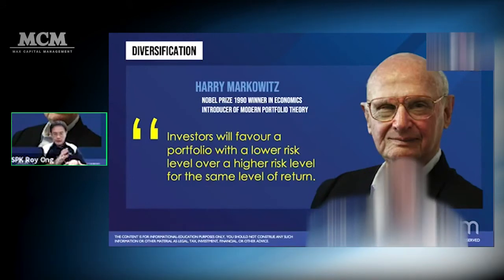First of all is this guy, Harry Markowitz. He is a Nobel Prize winner, and he came out with what we call modern portfolio theory in 1952. Why he came out with this theory is because during that time, a lot of people, when they invested, didn't analyze whether their strategy was the right strategy or not.